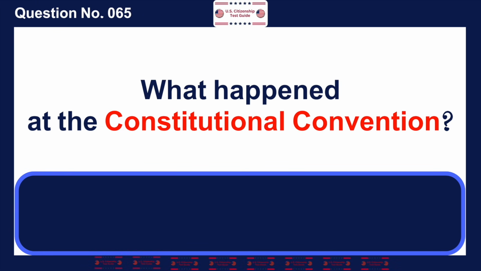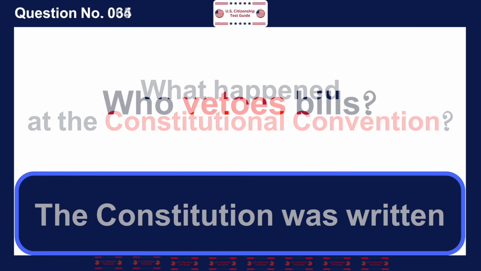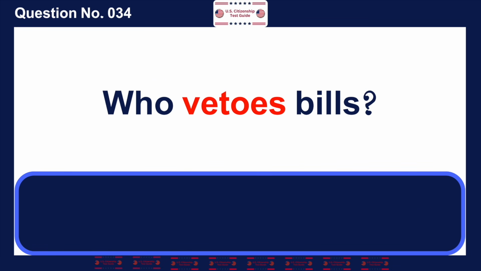What happened at the Constitutional Convention? The Constitution was written. Who vetoes bills?